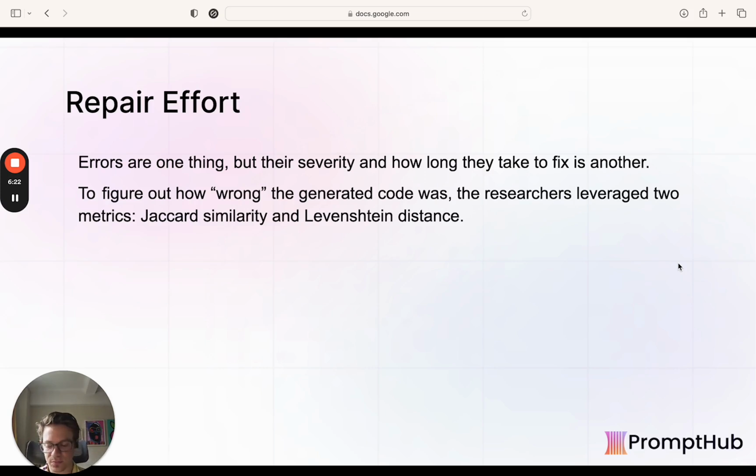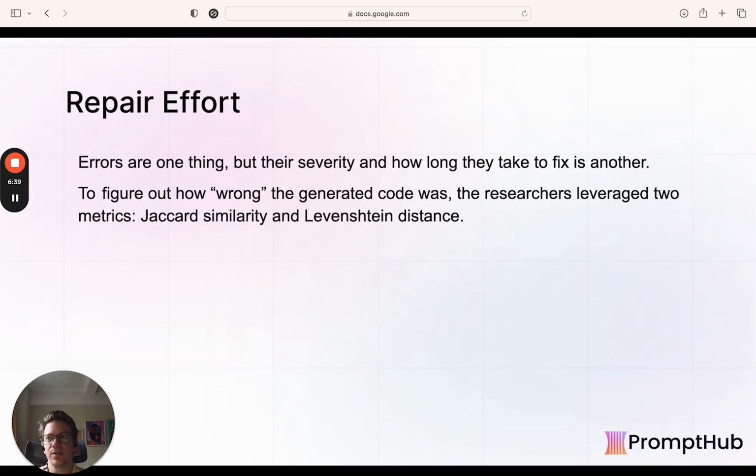And so the researchers took all the times that the models produced incorrect code and then looked at two metrics to see just how wrong they were, essentially. So Jaccard similarity and Levenshtein distance.